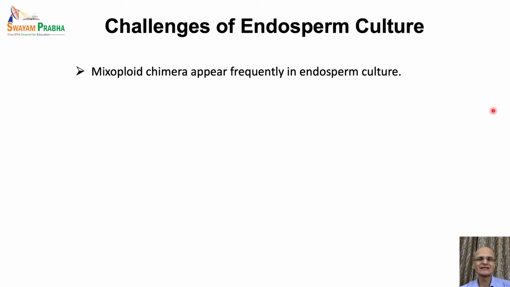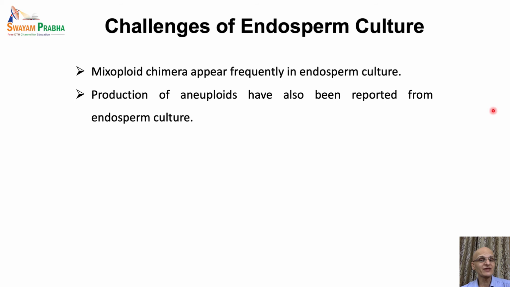The endosperm tissue in general may have several ploidy levels existing at the same time in different cells, and therefore when this tissue, having cells of different ploidy, is used for in vitro cultures, it may result in chimeric plants or plants with different ploidy. Even the development of aneuploid plants has been observed frequently in endosperm cultures.